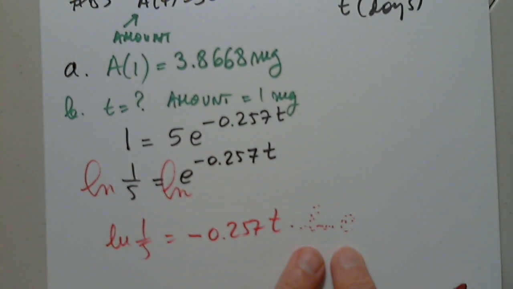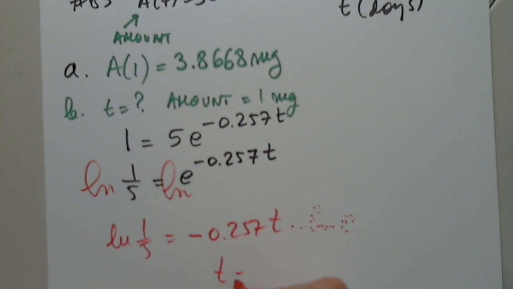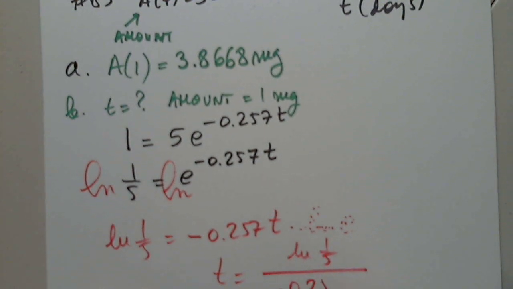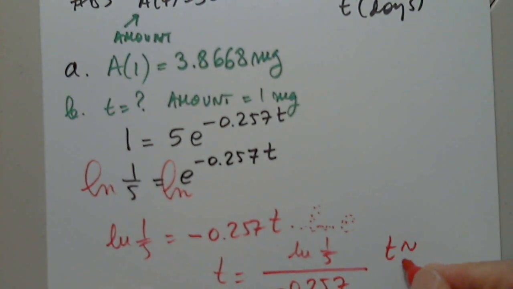But how much is natural log e? One. Exactly. So therefore t equals this over this. Natural log of 1/5 over negative 0.257. And I have to approximate it. Number of days.